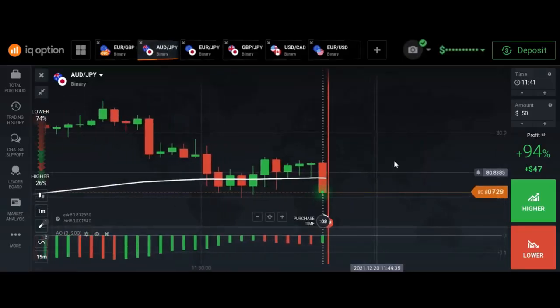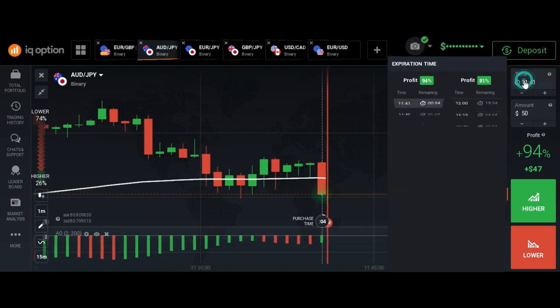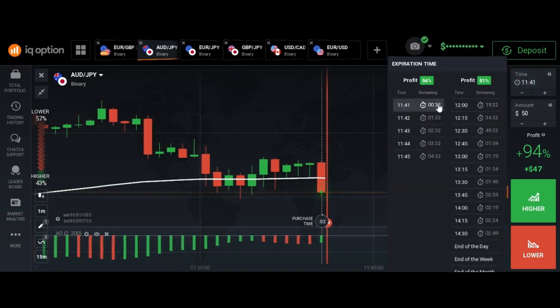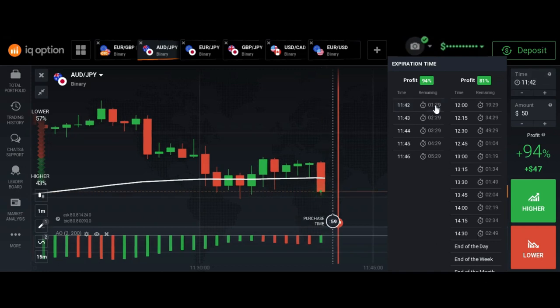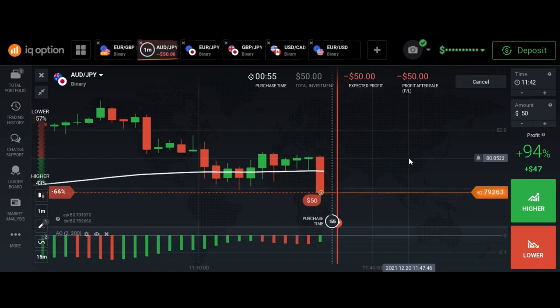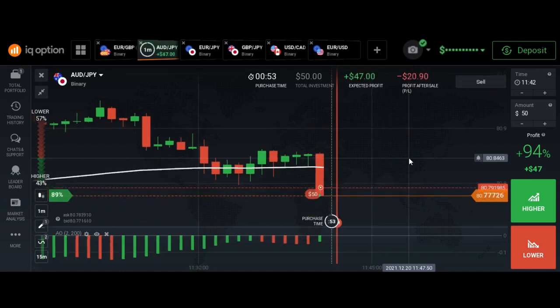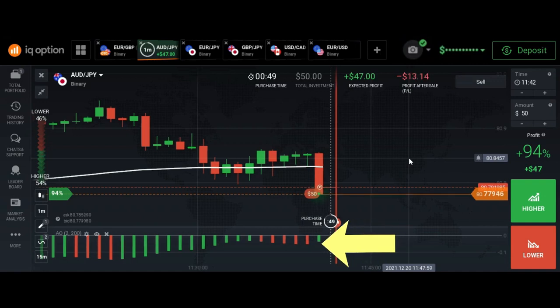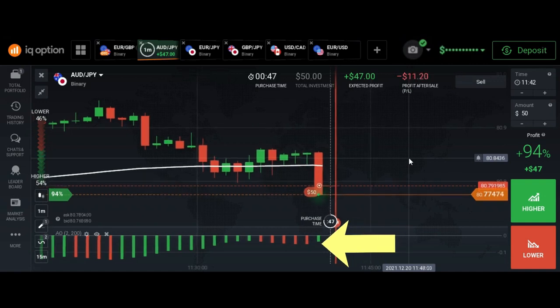Well guys, I was looking for a good entry for a long time and here I found one. It isn't perfect, since for it to be perfect, all the bars of the awesome oscillator should be red.